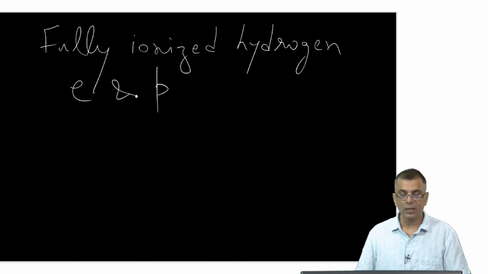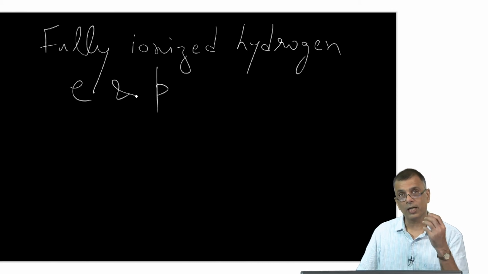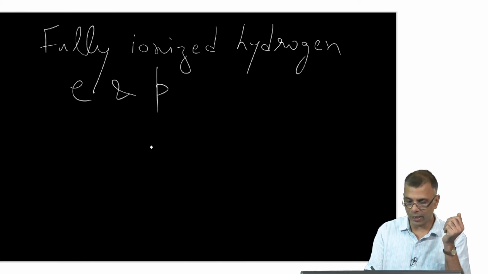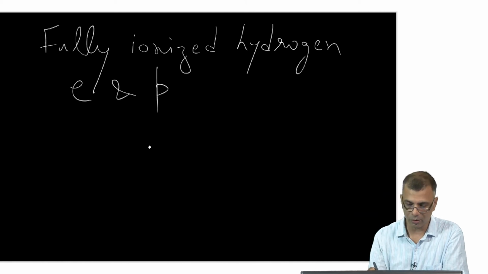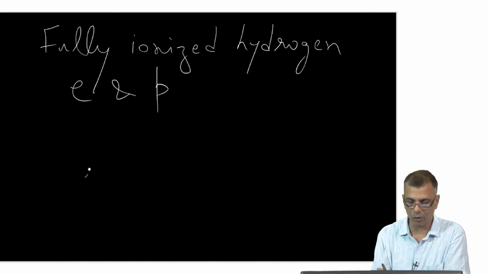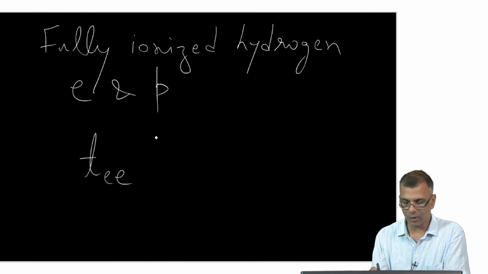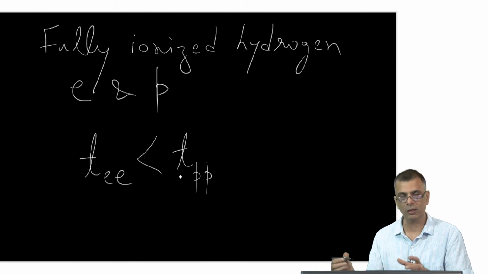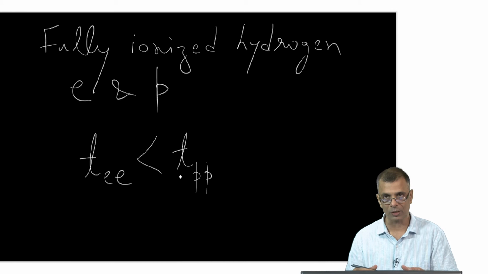Now it turns out that the time scale it takes for electrons and electrons to equilibrate to a Maxwellian distribution via Coulomb collisions is most of the time shorter than the time scale it takes for protons and protons to equilibrate to a Maxwellian distribution, in other words, to have a well-defined temperature.